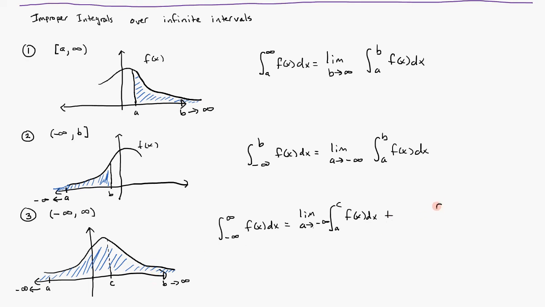So this part, you integrate from c to b, f of x dx, and finally you take this limit as b goes to infinity. So the double infinite integral has to be computed as two separate integrals, one of the first kind and then the other of the second kind.